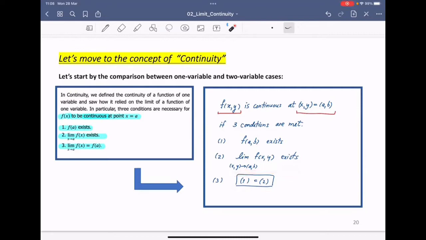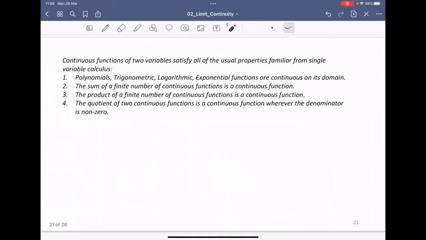Okay, let's do a practice. Before that, let's talk about the properties of continuous functions first. As in Cal 1, everyone knows that polynomials, trigonometric functions, logarithmic functions, and exponential functions are all continuous. In two dimensions it's still good too. These are standard functions that you can say are continuous. If you see the sum of continuous functions, it's still continuous.